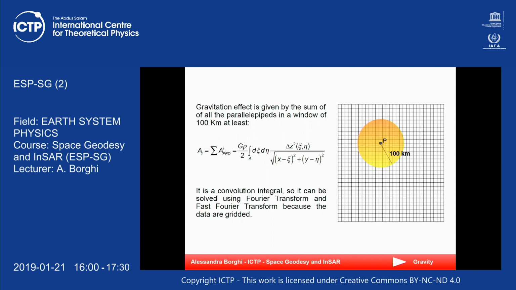If you have a grid of points, you can use, for instance, fast Fourier transform, because this is a convolution integral, so it is faster. It depends. If you have measured points, I don't like to grid the data, because you move your data. You change your data, so it depends.